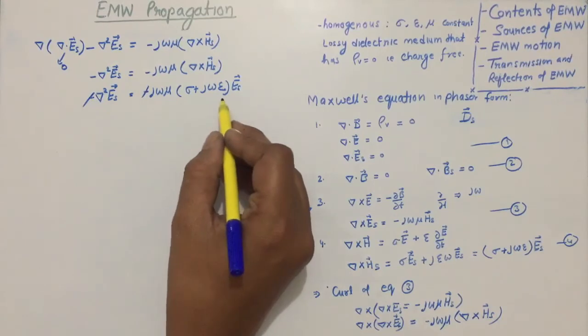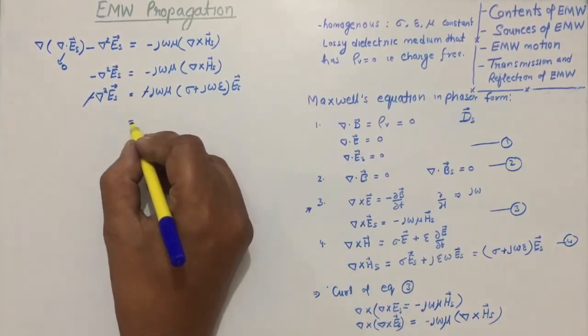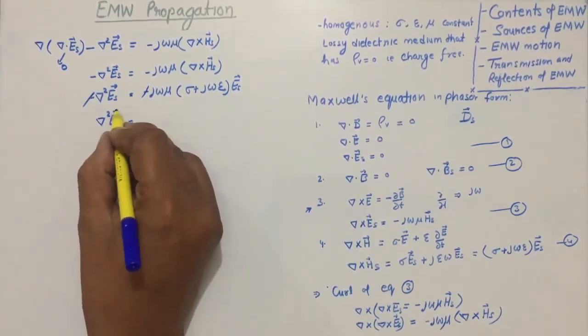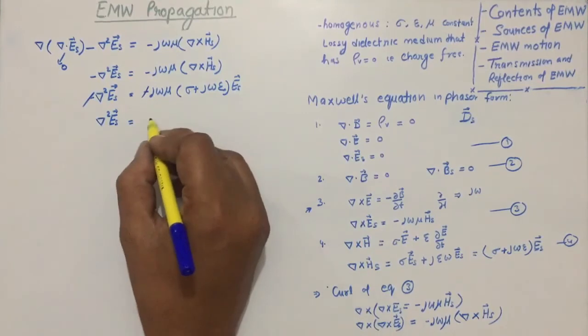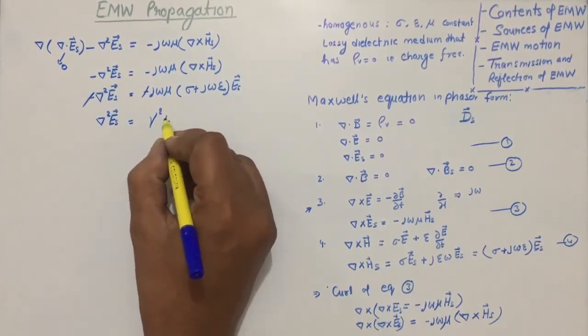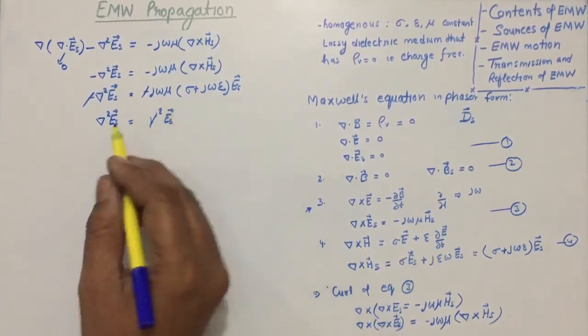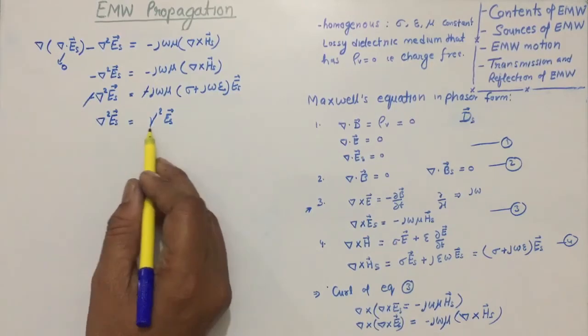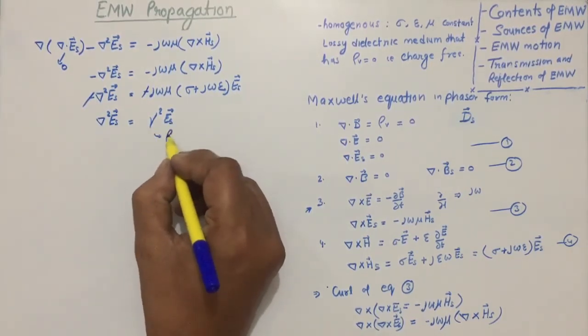This is a constant term. So what we can write is del square Es is equal to this constant, which is represented by gamma square. Now we can write the Laplacian of Es is equal to gamma square Es, where gamma is the propagation constant.